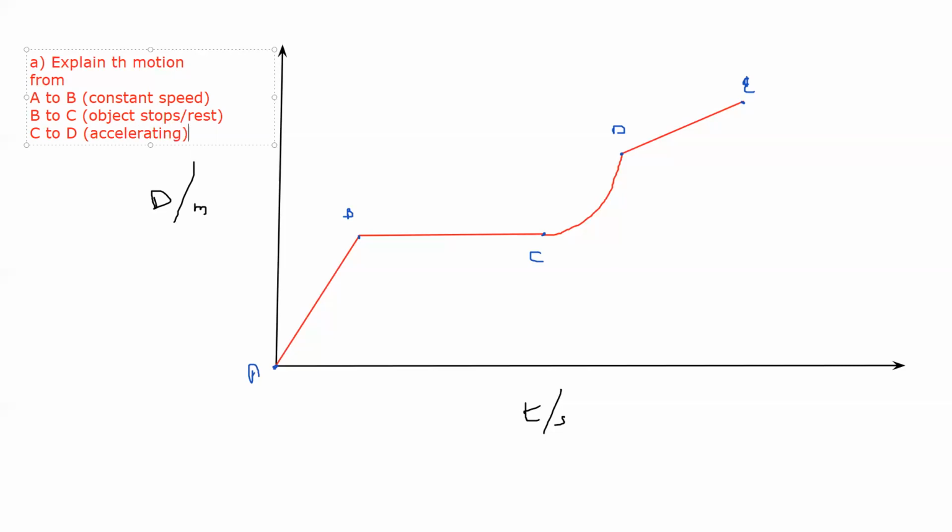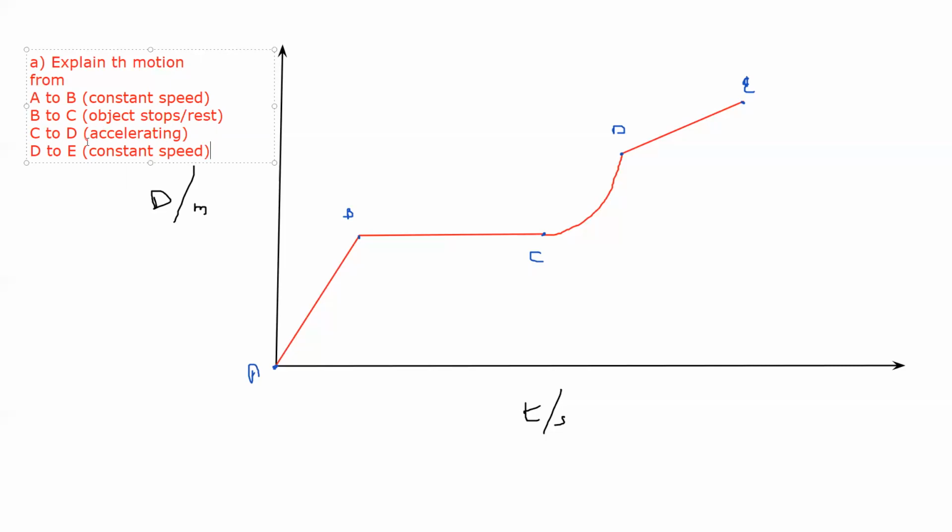And from D to E, what is happening? Again, it is a constant speed. So simply, if you write constant, that is not a full answer. You should mention it is constant speed.